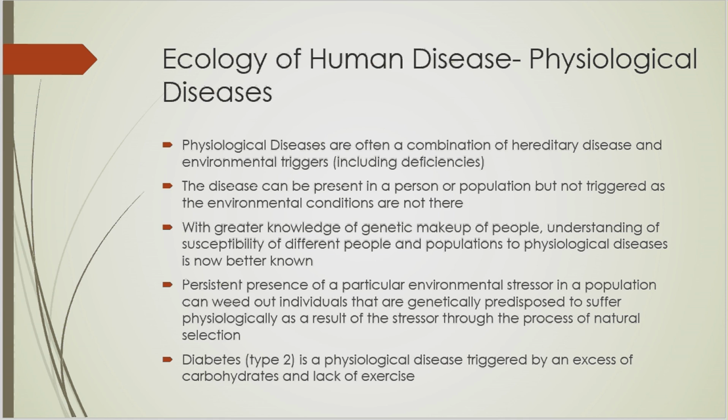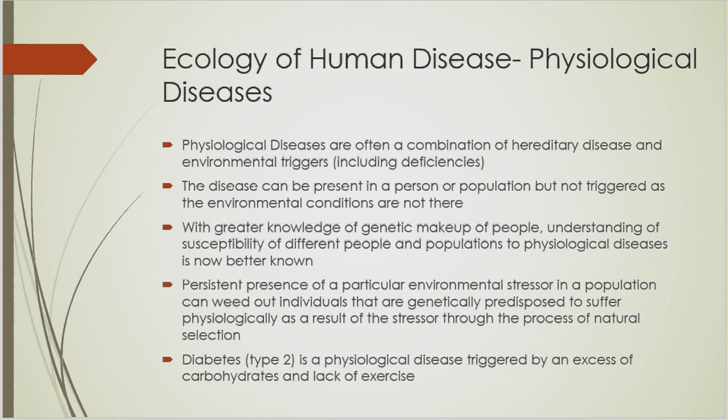All right, let's move on now to physiological diseases. As you saw with the causes of mortality in different countries around the world, physiological diseases tend to be the diseases which cause the most deaths around the world, particularly in high and middle income countries. So what are physiological diseases?